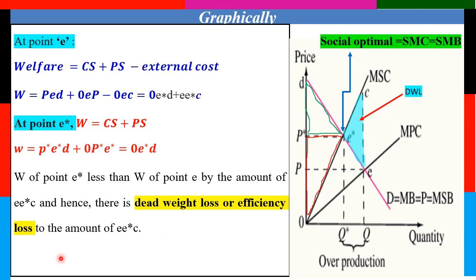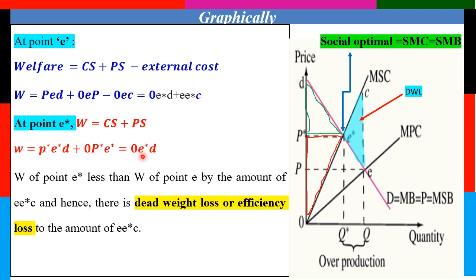So when you take the point P star, E star, D, this triangle, plus O, P star, E star, this triangle, it is equal to O, E star, D, the whole triangle.